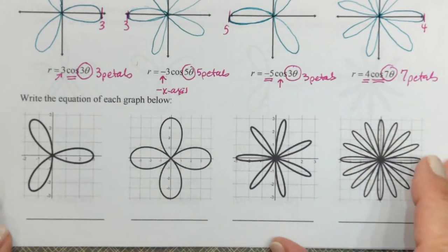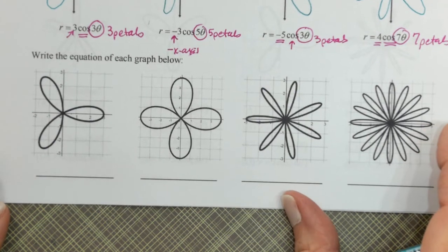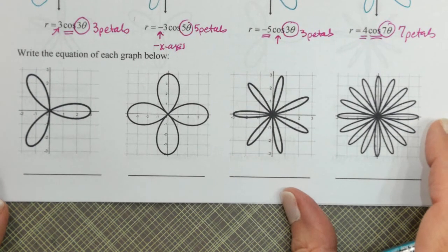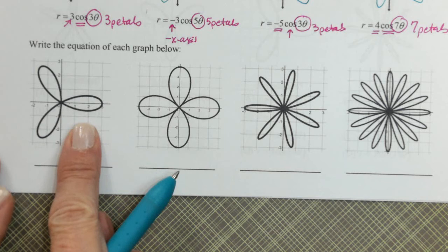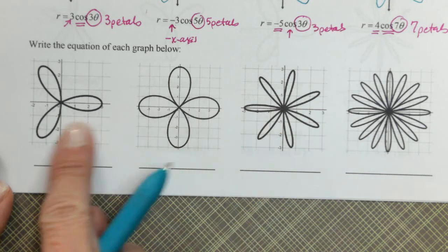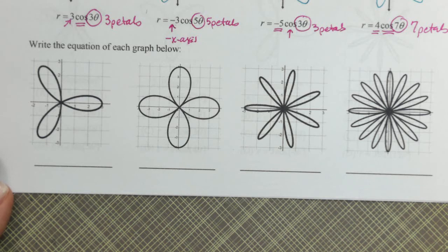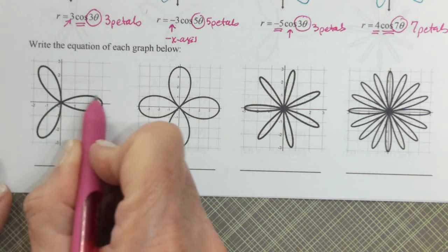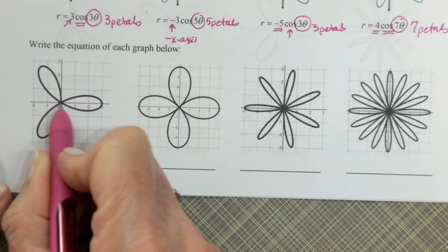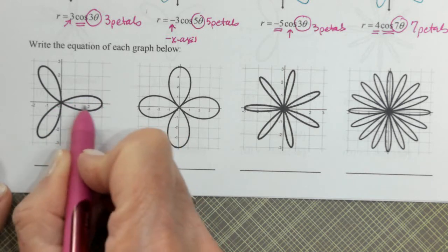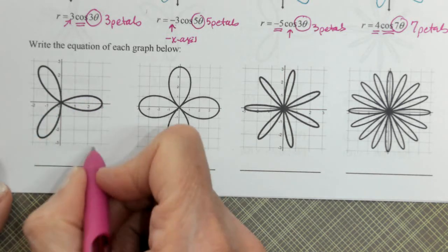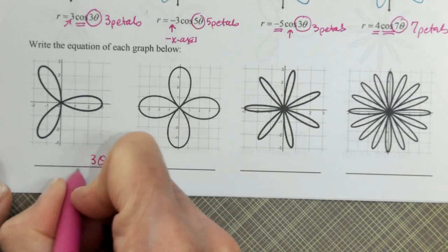All right. Let's write an equation for each graph below. Okay. So I see it's a flower. I see it's a rose. Now, I notice here on this rose that I have a petal on the positive x-axis. There are 3 petals, so I know it's going to be a 3 theta.